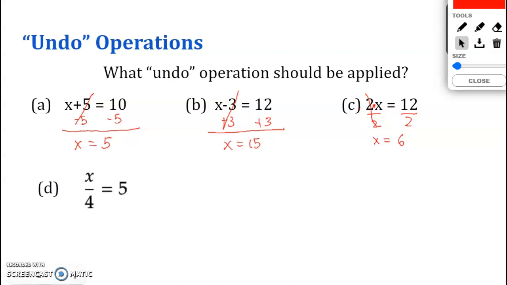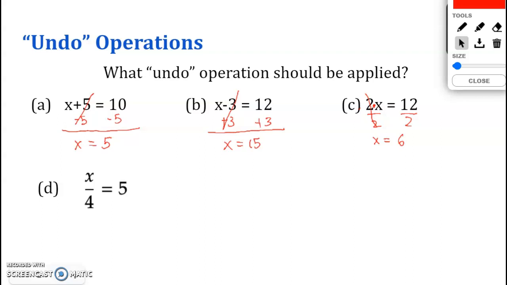Next, I have x over 4 equals 5. What should I be doing? What is being done to x? What operation does the fraction line mean? Is it multiplication, addition, subtraction, or division? It's the same as division. You can read the left hand side as x divided by 4.